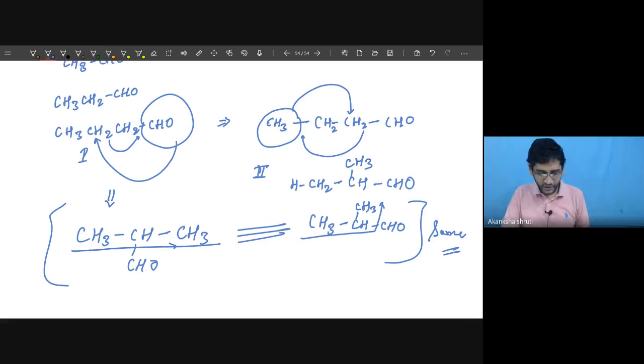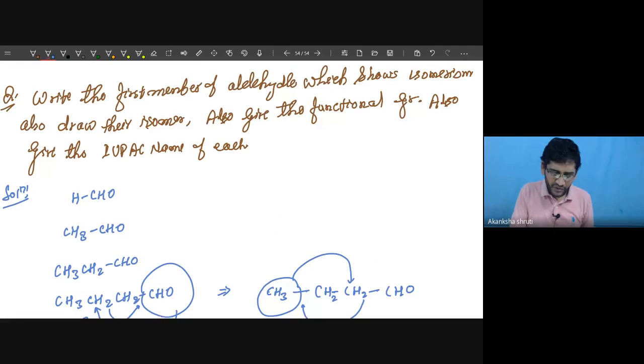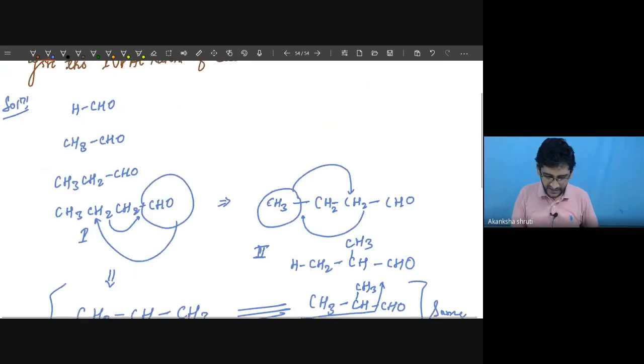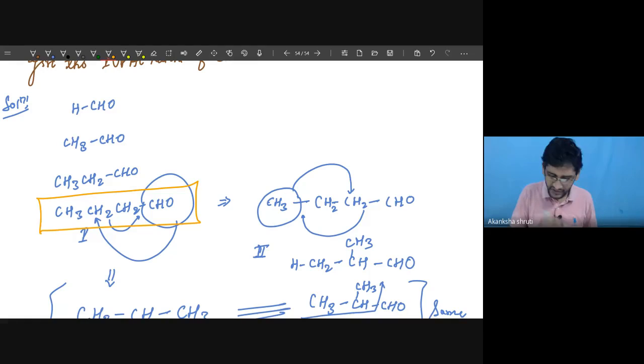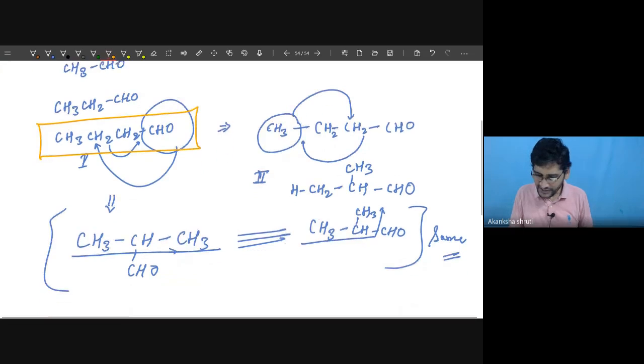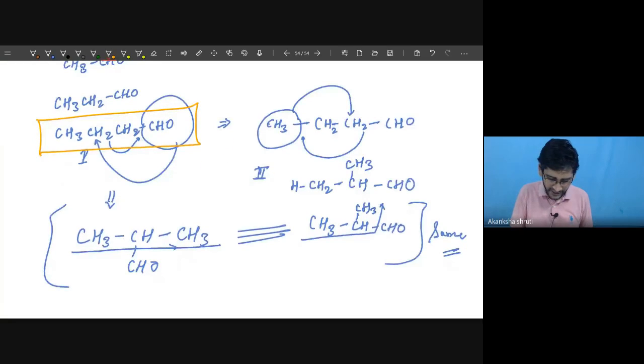So the question was the first member of aldehyde which can show isomerism. So what is the answer? First, you have to write the IUPAC name also. By changing this, the other structure that we have drawn is either this one or this one.